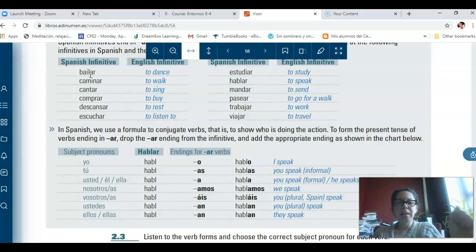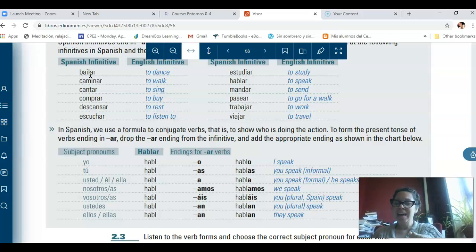You see the O at the end all the time. Cantar, yo canto. Comprar, yo compro. Descansar, yo descanso. Escuchar, yo escucho. ¿Sí? Estudiar, estudio. Hablar, hablo. Mandar, mando. Pasear, paseo. Trabajar, trabajo. Viajar, viajo. So you're going to eliminate the AR and then you're going to plug in an O.